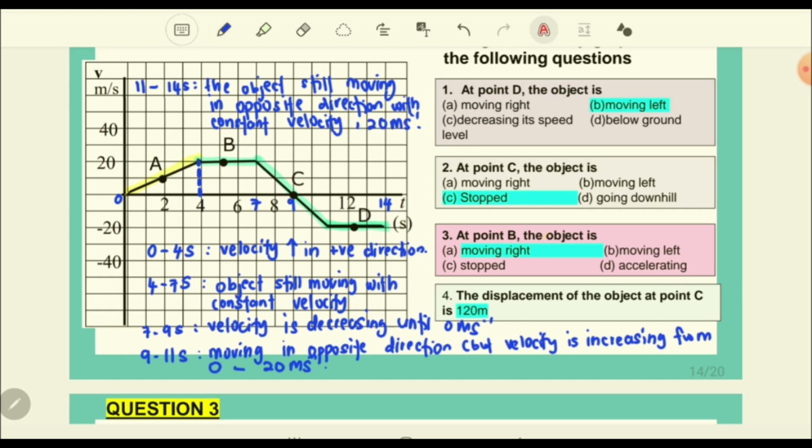We have a negative value because it's moving in the opposite direction.